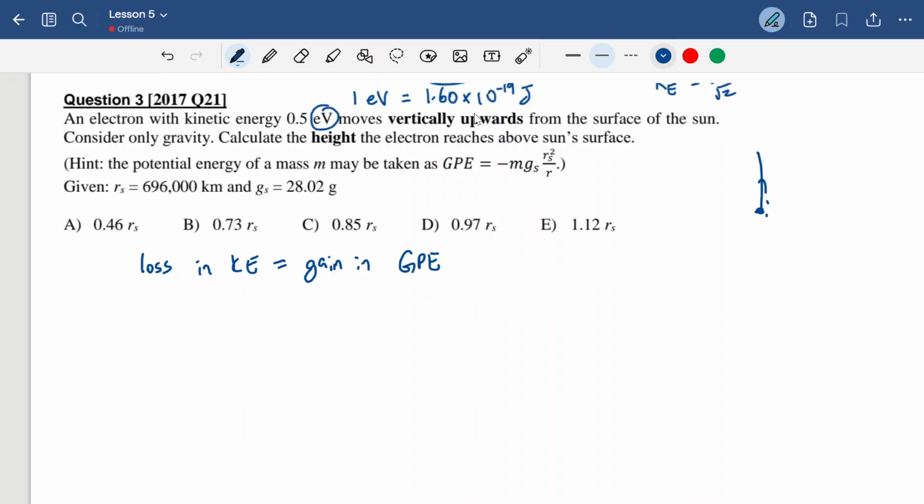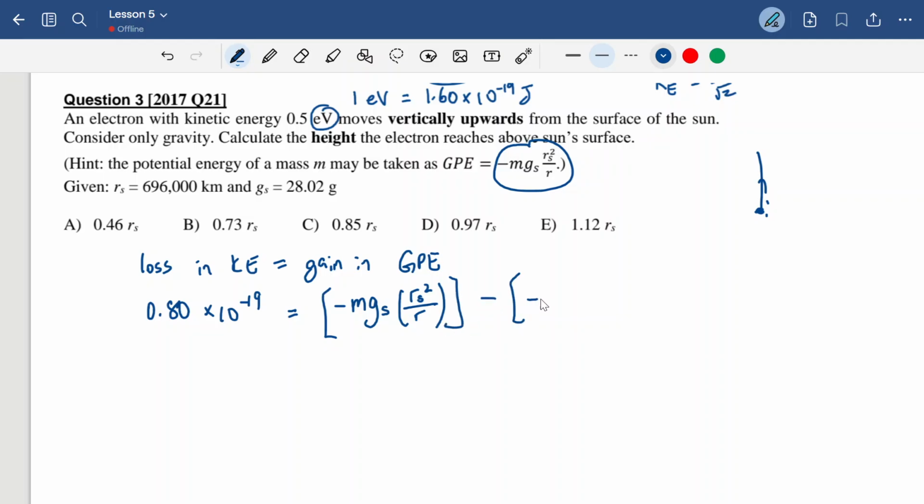Loss in KE will be 0.5 eV, so it'll be 0.8 times 10 power minus 19 joules. Gain in GPE is final minus initial. They already tell you this is the GPE formula, over R, final minus initial.